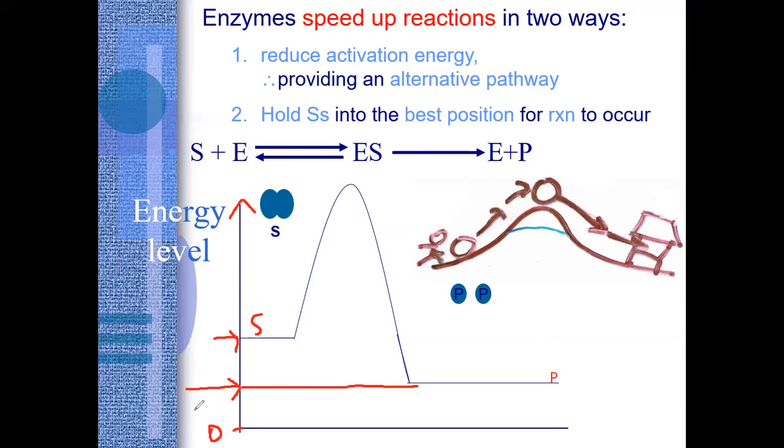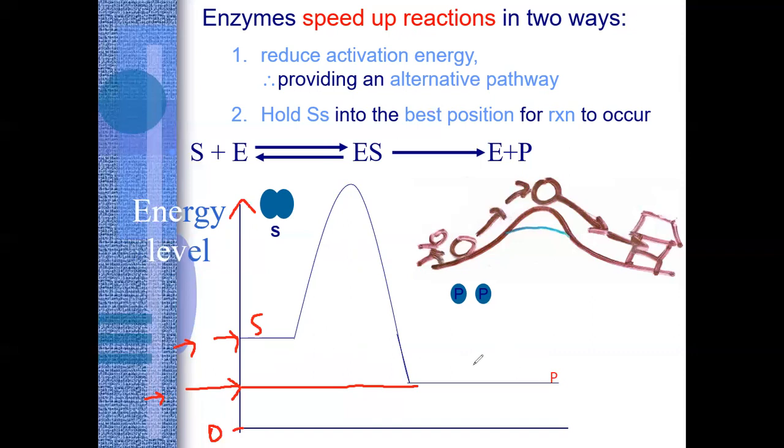So the number increases as you go up the graph. So which number is higher, the number for substrate or the number for product? Generally, the number for substrate is higher, right? So which one got more energy, substrate or product? Substrate, right? Okay, so substrate got more energy than product.